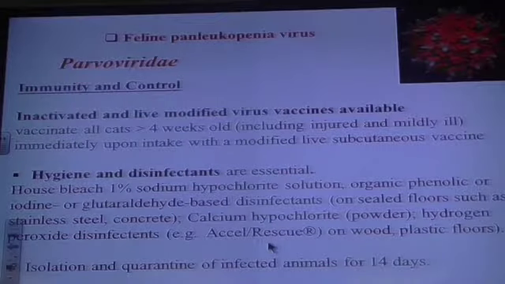And there are different forms of house bleach. There is the hypochlorite or calcium hypochlorite form of the bleach, and it depends on the surface you're disinfecting. Also, you can use different disinfectants.